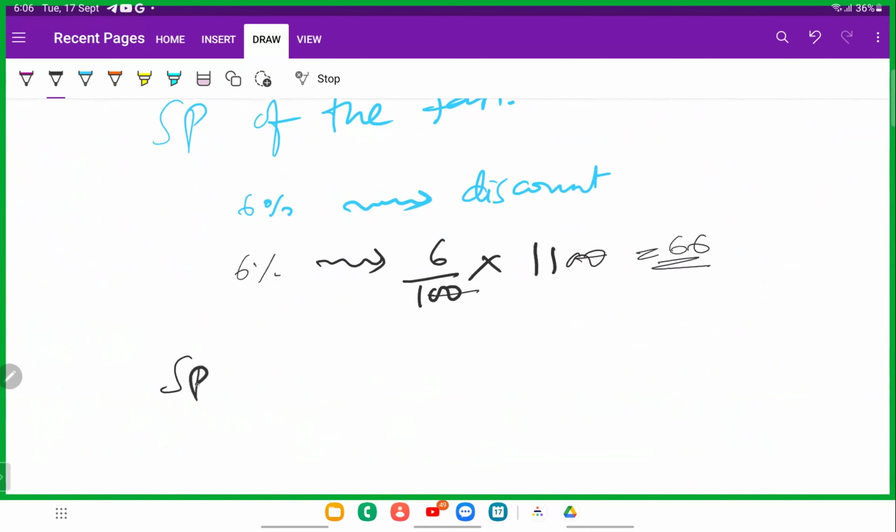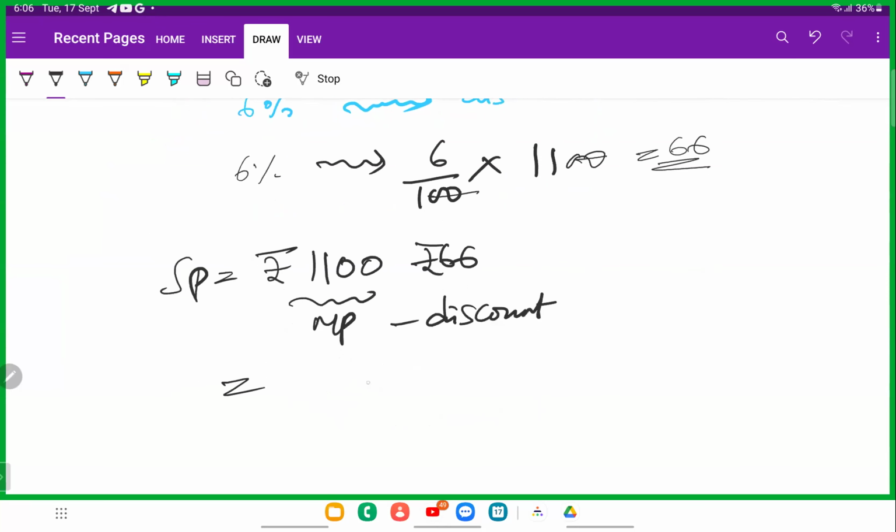So selling price is equal to how much now? Rupees 1100 minus 66. That is market price minus discount.